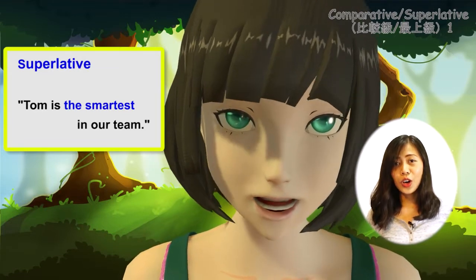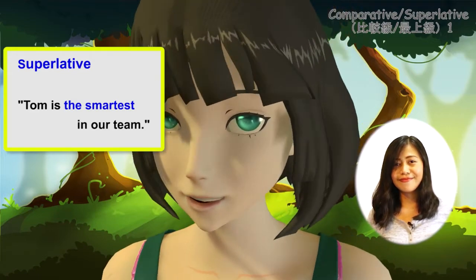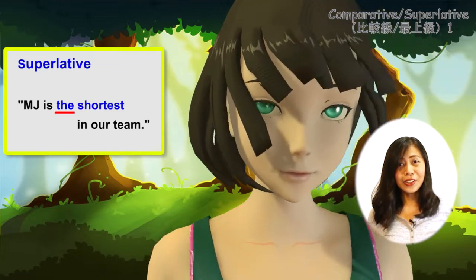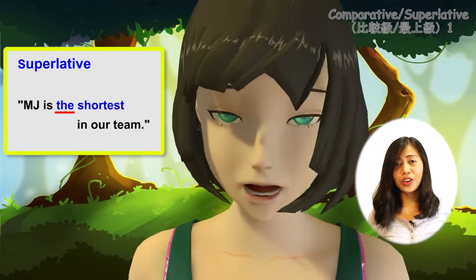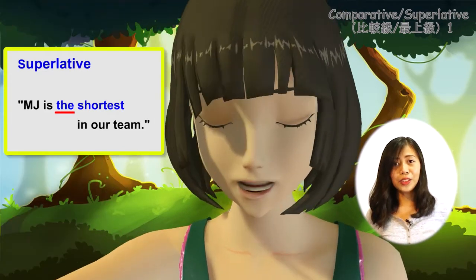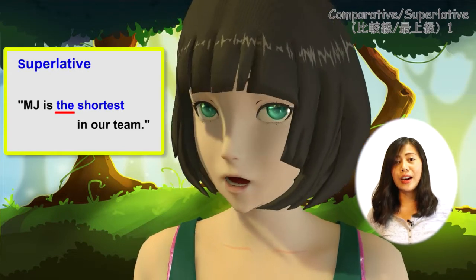Repeat: Tom is the smartest in our team. Take note, write the before adjectives or adverbs in the superlative form. For example, MJ is the shortest in our team.